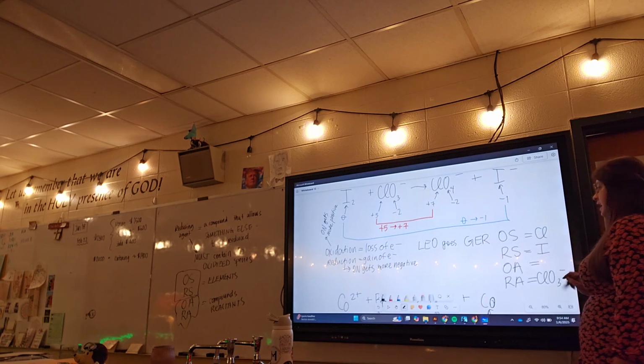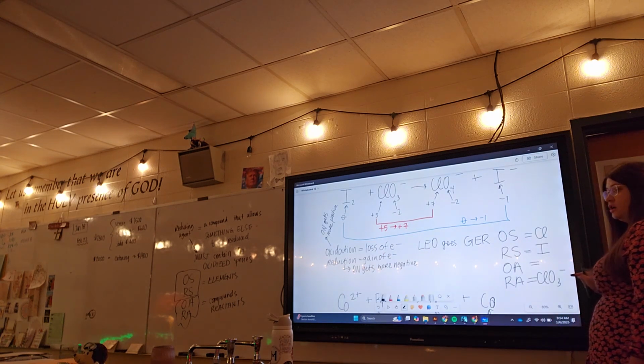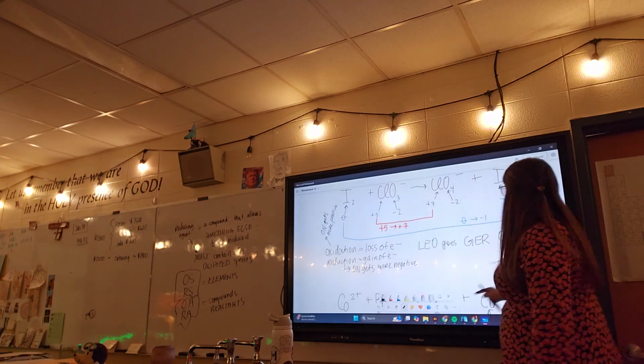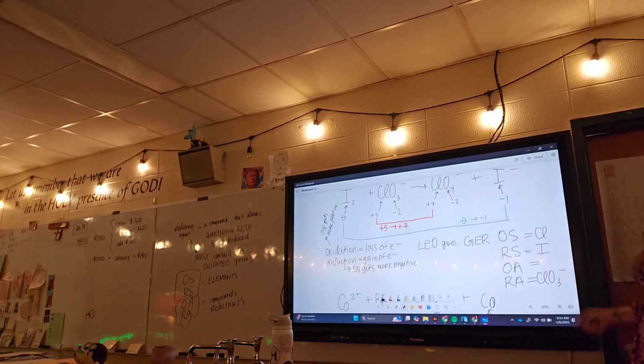ClO3 minus. This must have a charge. It has a charge here. And so it must also have a charge in your list because it doesn't make sense if it doesn't have the charge. It's a nonsensical compound.